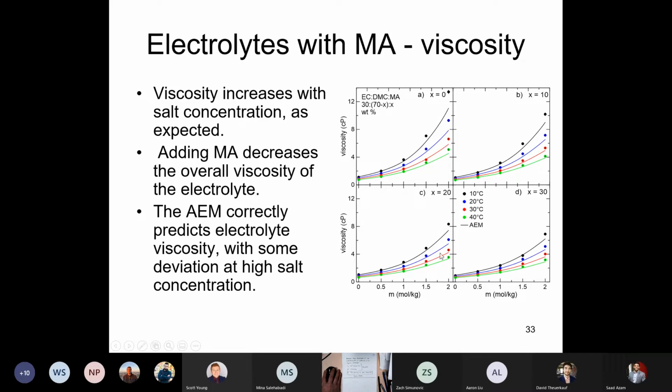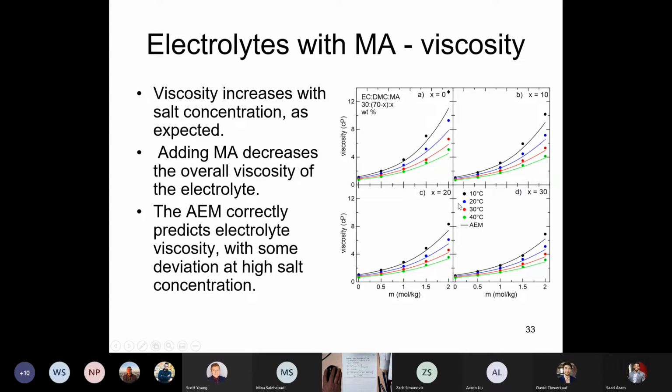So you can see the advanced electrolyte model matches the data pretty darn good, right? And as you add methyl acetate from 0 to 30%, just compare the viscosity curves between the upper left and the lower right panel, the viscosity is reduced by about a factor of 2 at most of the salt concentrations.